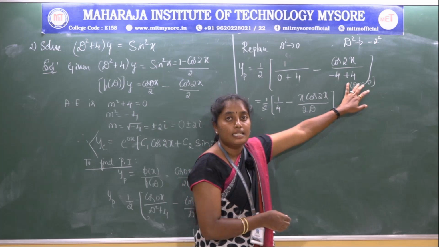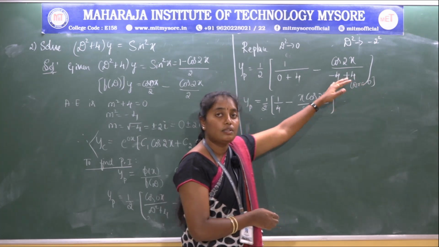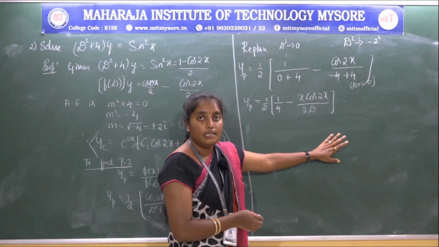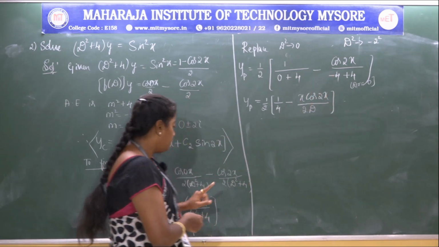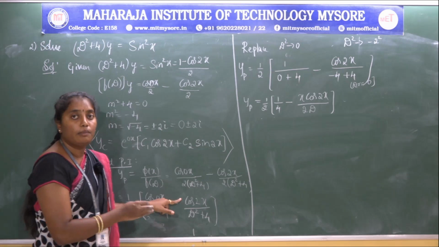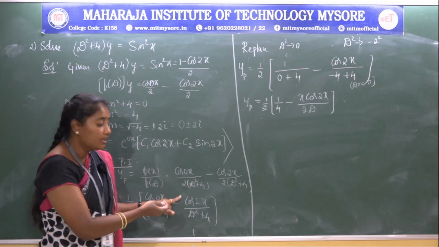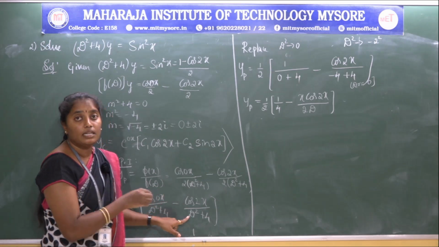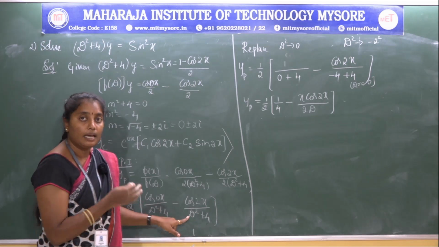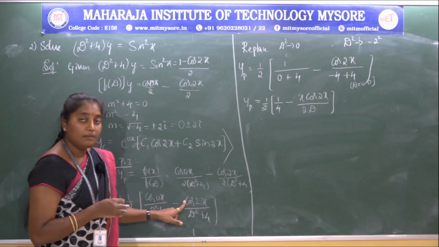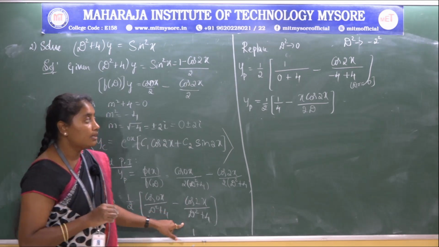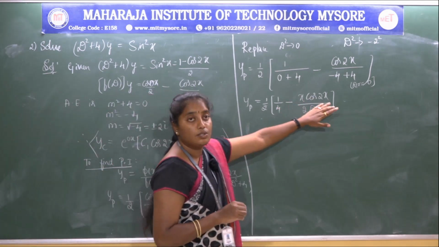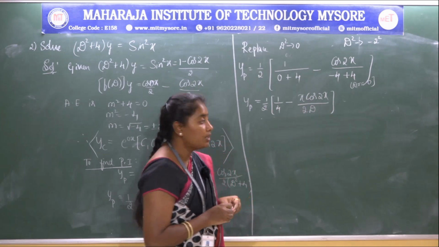Since the denominator is 0 in the second term, we have to continue the further procedure for the second term only. The denominator is equal to 0, hence in the numerator we have to multiply by x and differentiate the denominator, as I already explained earlier. So multiply x to the numerator and differentiate the denominator term: minus x cos 2x divided by 2D.